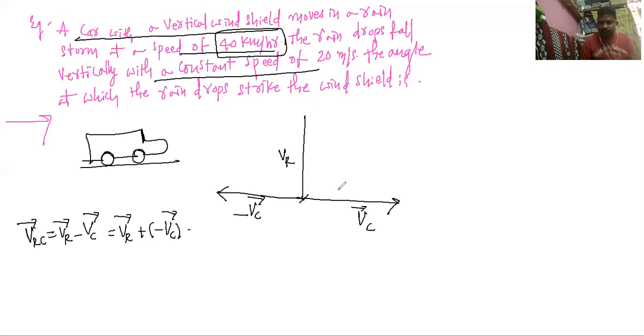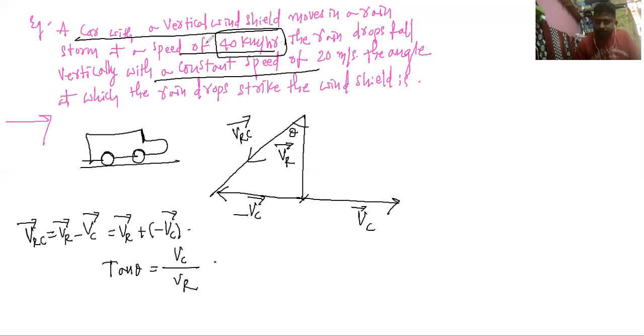So now you can draw the resultant here. This is Vrc bar. There is an angle here, this is the angle theta, tan theta equal to Vc by Vr. Here, carefully see the same situation. This is the theta.